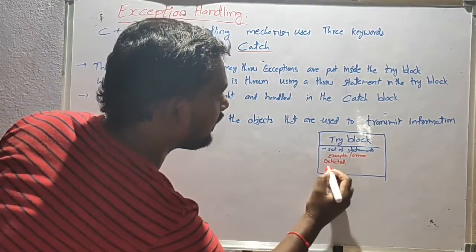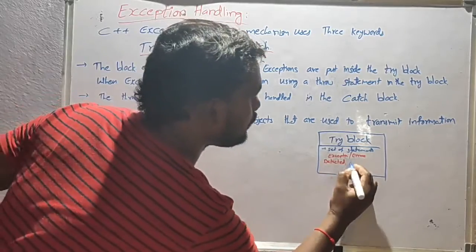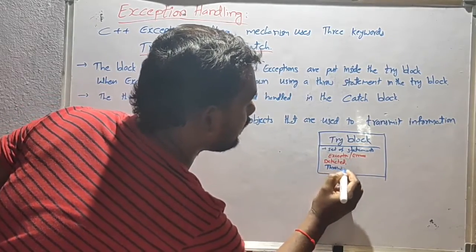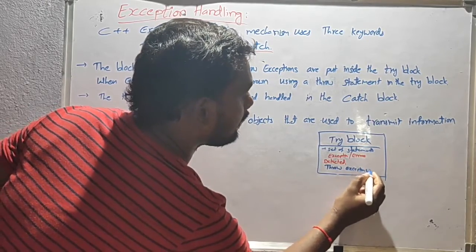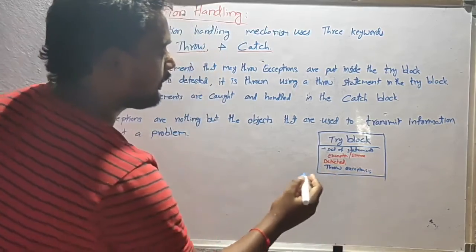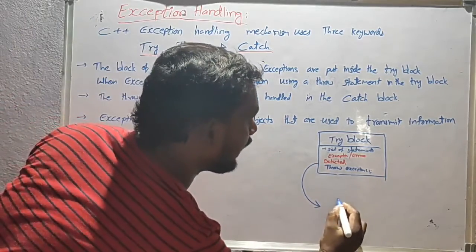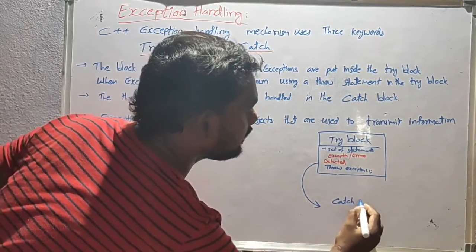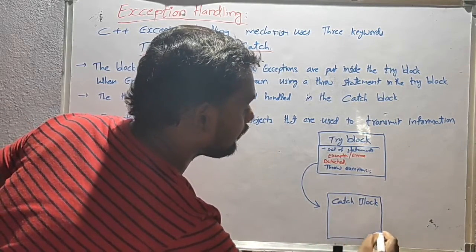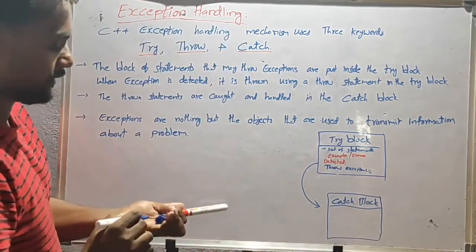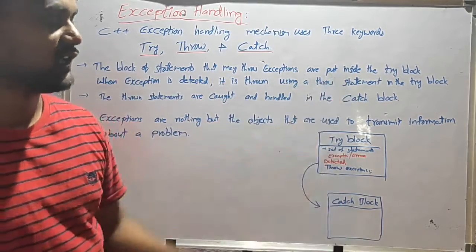When an error is detected, there is a throw statement. The throw statement throws the exception, and it is transferred to the next block, which is the catch block. When an exception is detected, it is thrown using a throw statement in the try block.